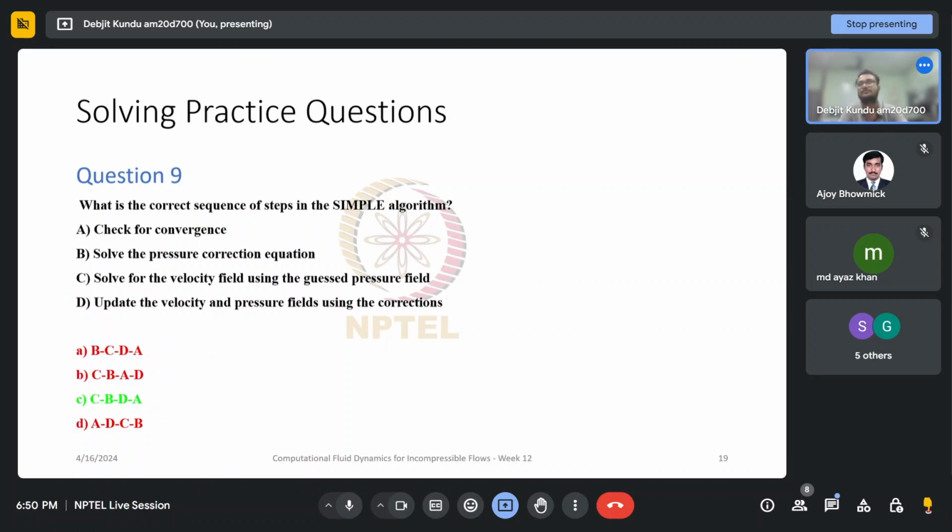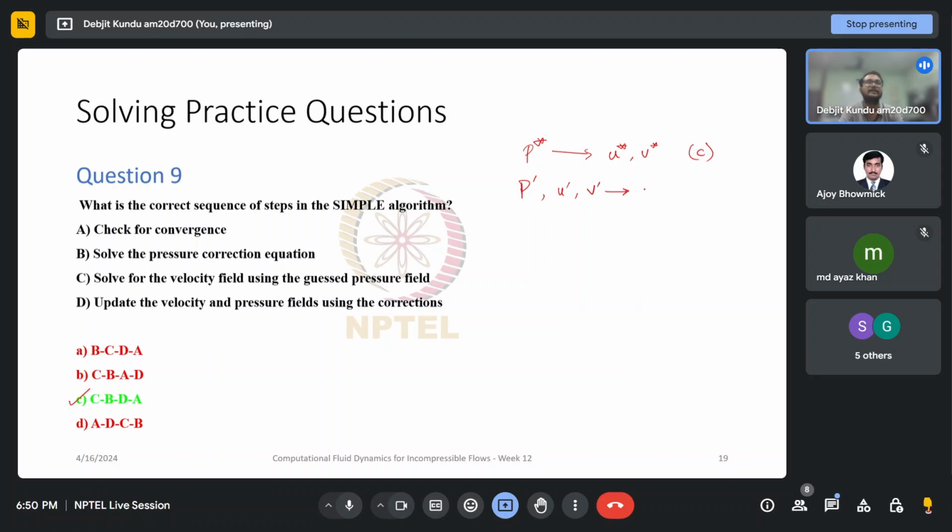It is actually option C, so correct, whoever chose it. So basically what we do is we start with a guessed pressure field, then we solve for the velocity field using it. So that would be step C. Then we solve the pressure correction equation, and then we find the velocity corrections as well.